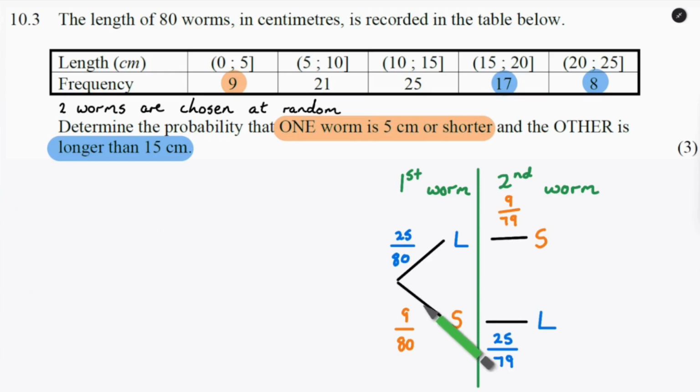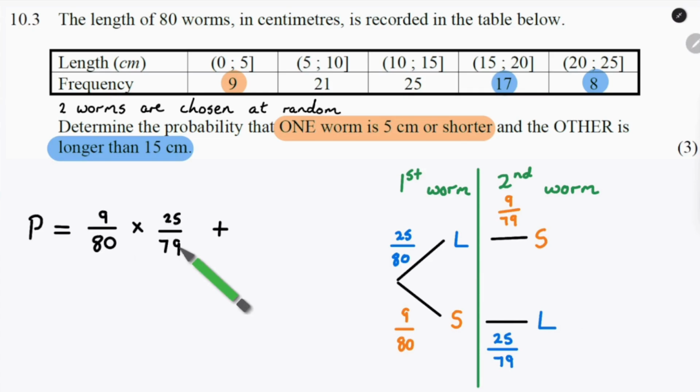The other probability is I choose a short worm first. And in that case, I have a probability of 9 over 80, which is my sample space of how many worms there are. I chose a short worm, so there's only 79 worms left, and there's 25 long worms. So we need to add together the probability of these 2 branches. So if I go across this branch, I multiply their numbers over here.